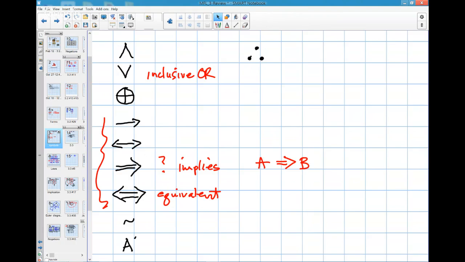Let me tell you what an implication is. Just a reminder, an implication is an if-then statement that turns out to be a tautology.